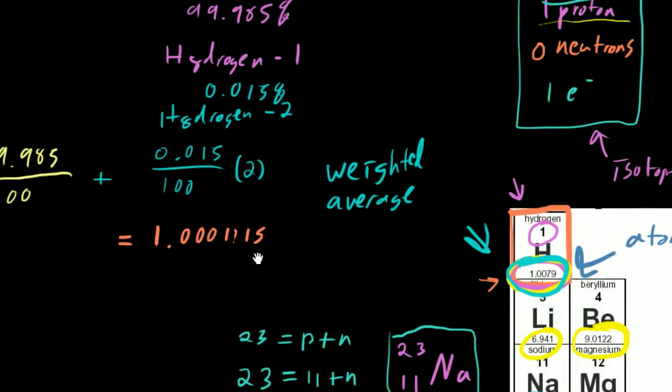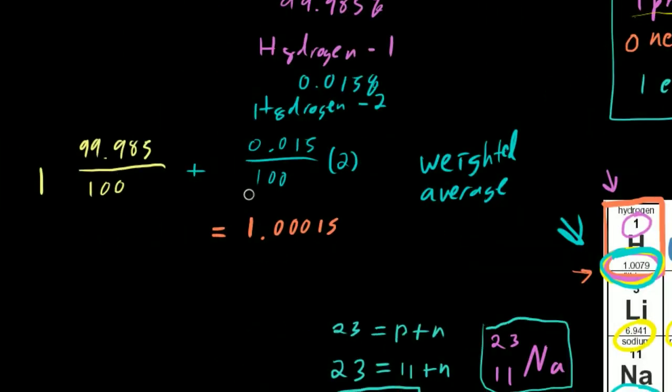So even though we figured out the percent abundance and the weighted average atomic mass based on the two stable isotopes of hydrogen, it still didn't work out to be equal to what's on the periodic table.